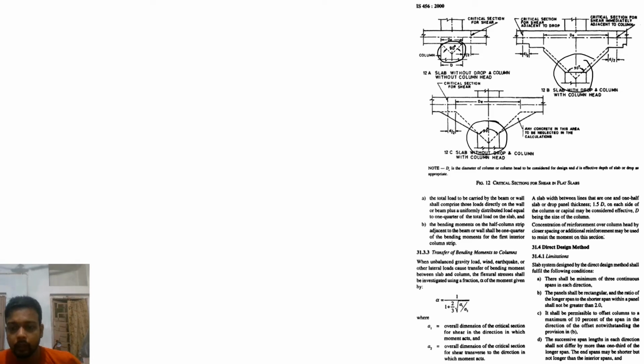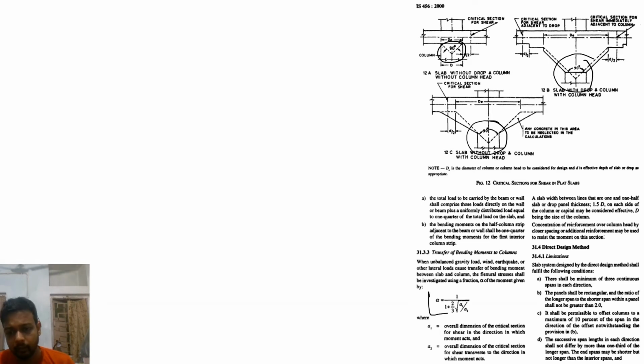See, the total load to be carried by the beam or wall shall comprise those loads directly on the wall plus a uniformly distributed load equal to 1/4 of the total load on the slab. The bending moments in the half column strip adjacent to the beam or wall shall be 1/4 of the bending moment for the first interior column strip.